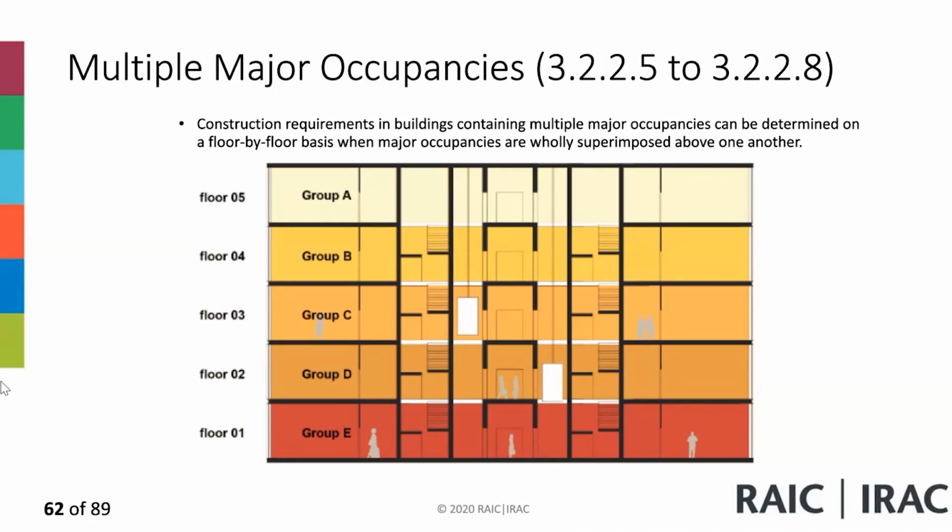You have to take group E classification for a 5-story group E, and your ground floor needs to meet that. And then you have the major occupancy separations between group E and group D requirements. And then the floor rating needs to be the greatest of the requirements of the major occupancy separation that we saw in part 1 of Division B as well. No, actually in 3.1.1.